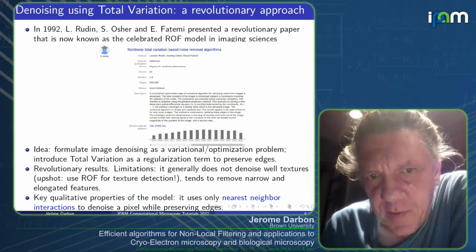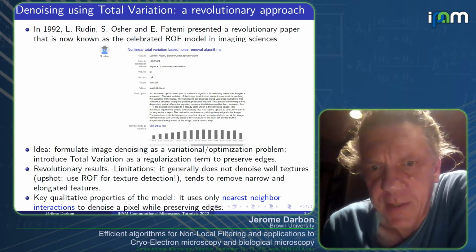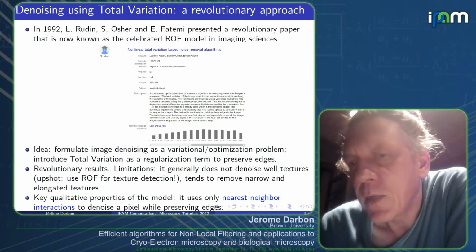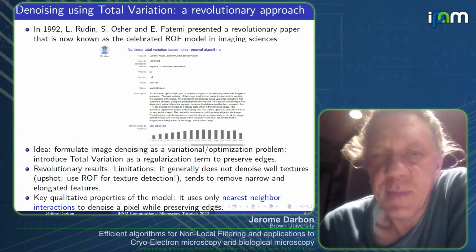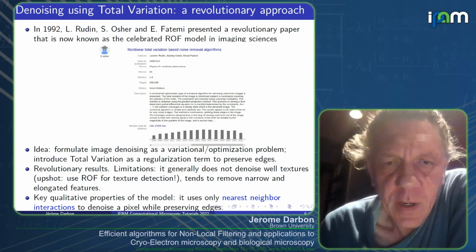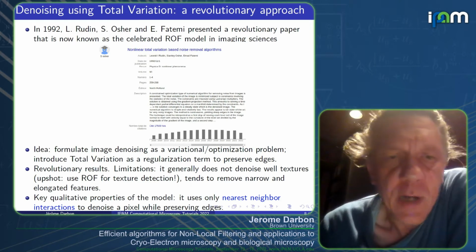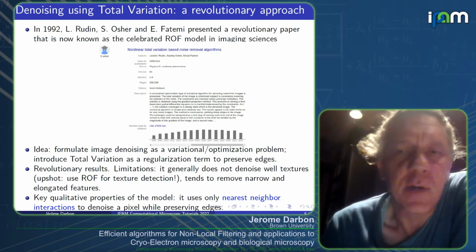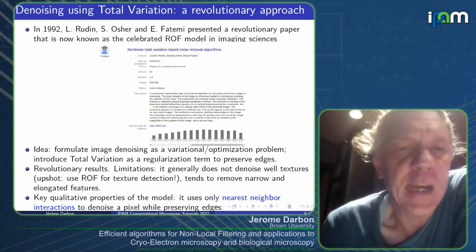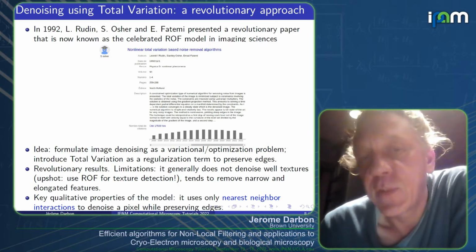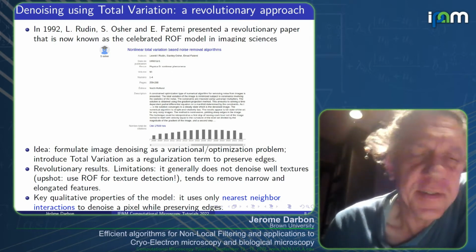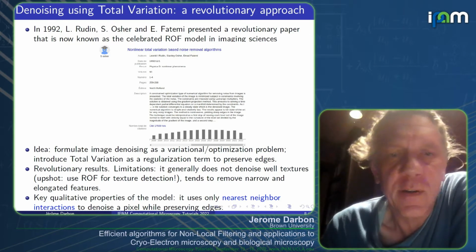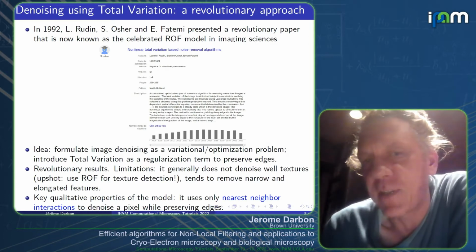There are, however, some limitations of using this model. It's when your image contains some textures. When you are using the ROF model, it tends to remove the texture. So you can see it as a bad feature for denoising, but you can see it the other way. You can use the Rudin-Osher-Fatemi model to extract the texture.